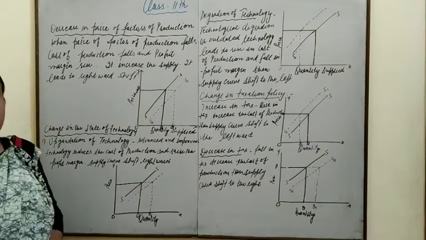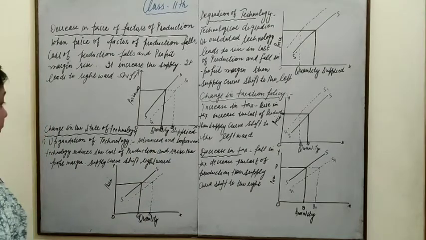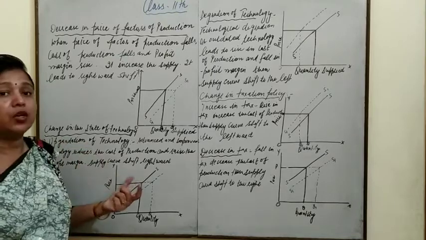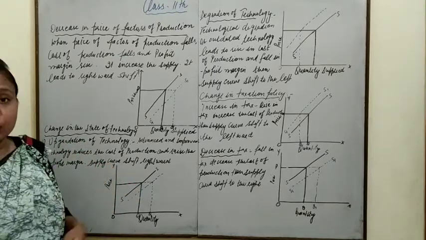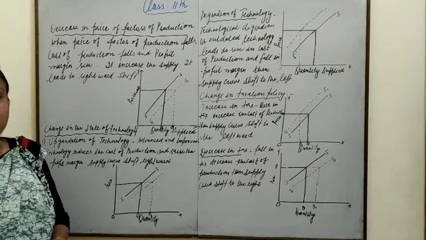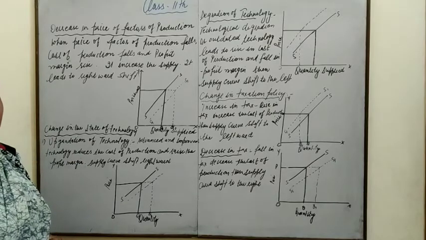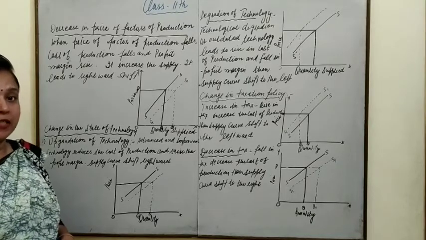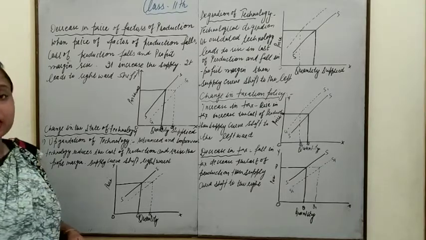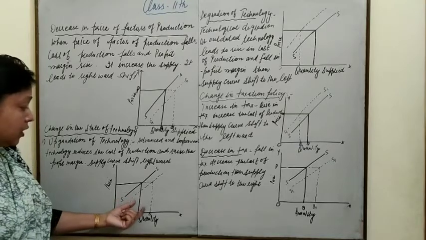Another point is change in technology. Change in the state of technology means upgradations of the technology. If we are using better or advanced technology, then the cost of production will reduce and it will increase the profit margin, so we will increase the supply.